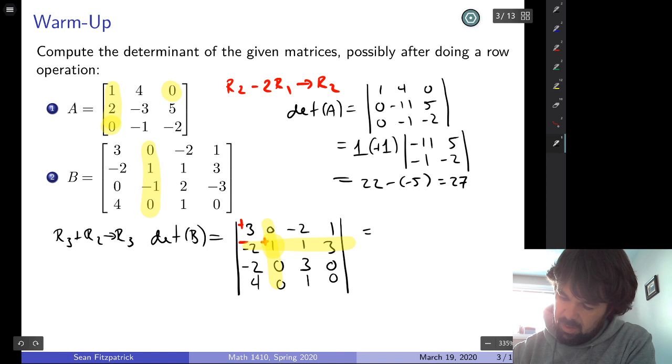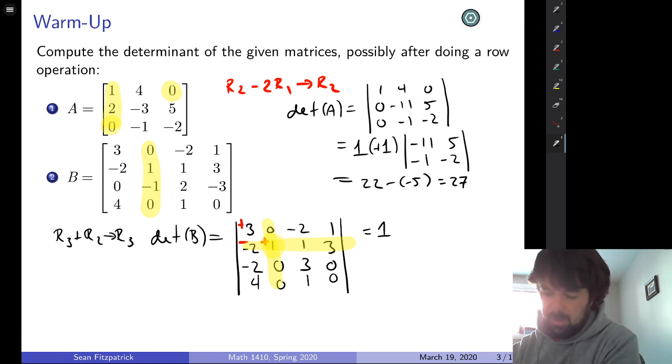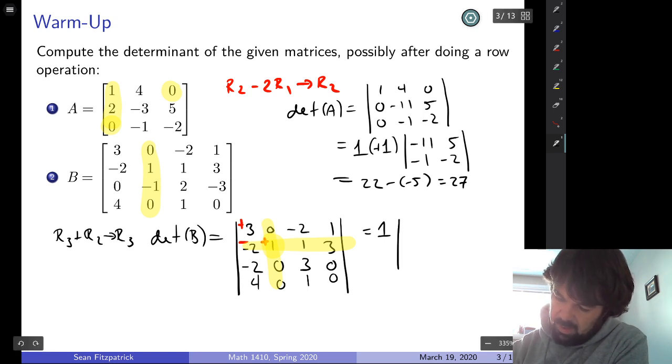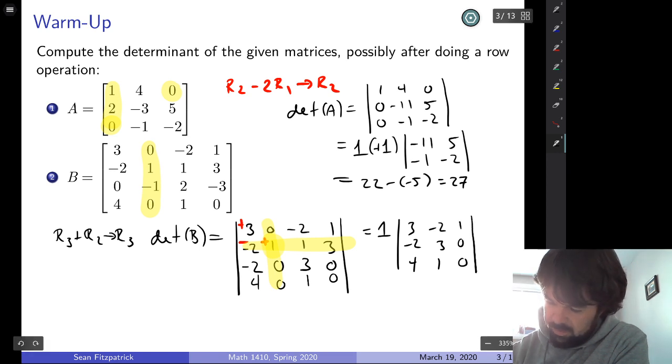So I get 1 out front, because 1 is the coefficient. We write down that number. And then we delete the row and column. So we have 3, minus 2, 4, minus 2, 3, 1. And then, that's convenient, 1, 0, 0.